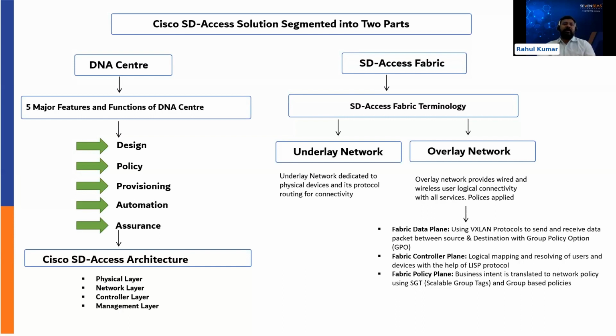Below that, DNA Center also includes the Cisco SD-Access architecture, which has four layers: physical, network, controller, and management layer, right? And on the right hand side, we have the SD-Access Fabric. If you want to understand the SD-Access Fabric terminology, I'll give you more detail in the next slide.